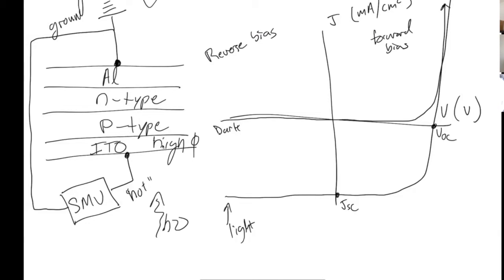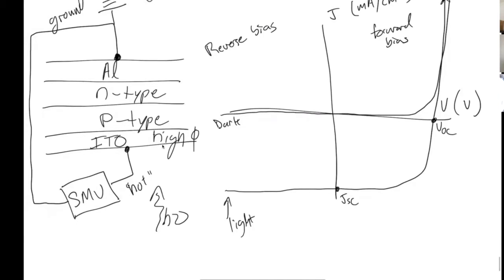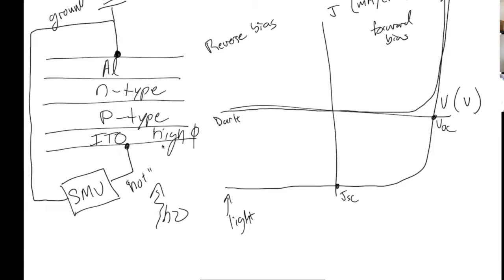And okay, so once we turn on the light, the whole curve shifts down. And to understand what's happening when the curve shifts down, it's useful to think about various regimes of charge transport. So let's write these in red.